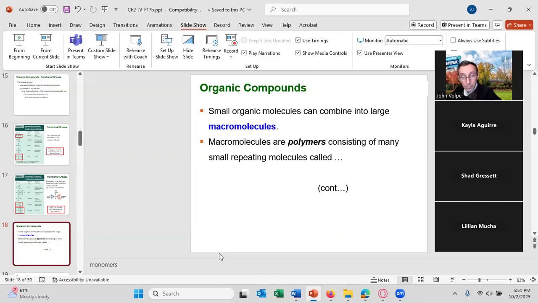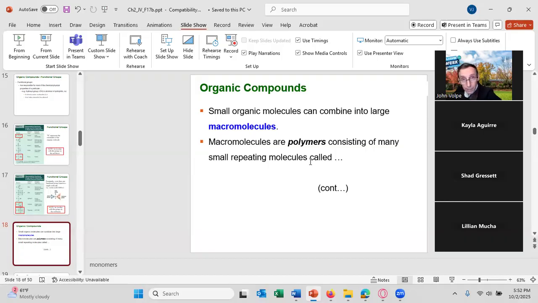For example, glucose is a monomer, and then the polymer would be starch, and starch is just many glucose molecules hooked together one after the other to make the starch. So starch is both a macromolecule and a polymer made up of many repeating monomers that are, in this case, glucose. Any question about any of that?